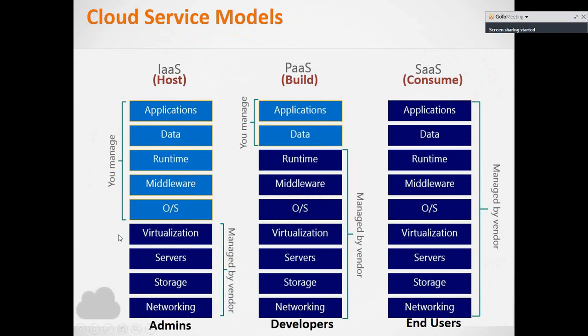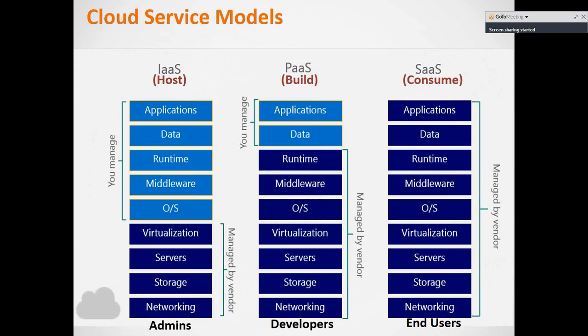On top of that, we are going to install a particular operating system and whatever application or middleware we want to install, and put in the specific data using which we will be working. So infrastructure as a service means we are going to get only the machine from the vendor, and on top of that, we install the operating system or a specific application based on our need, and work on it.